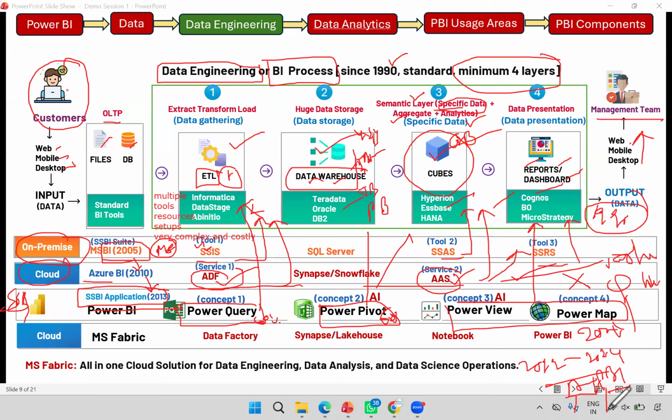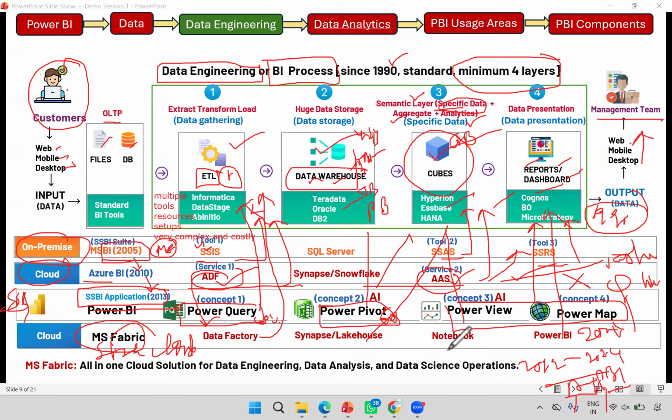So Microsoft decided to reduce it. So that concept is Fabric. Fabric is a single cloud platform. The Data Factory is used in this area. The same Azure Data Factory they added here. And Power BI is used in this area.